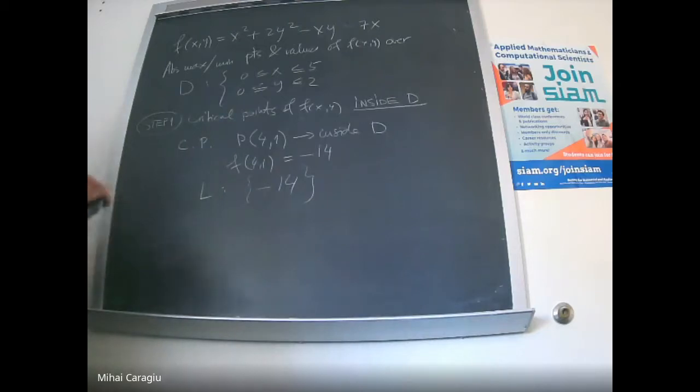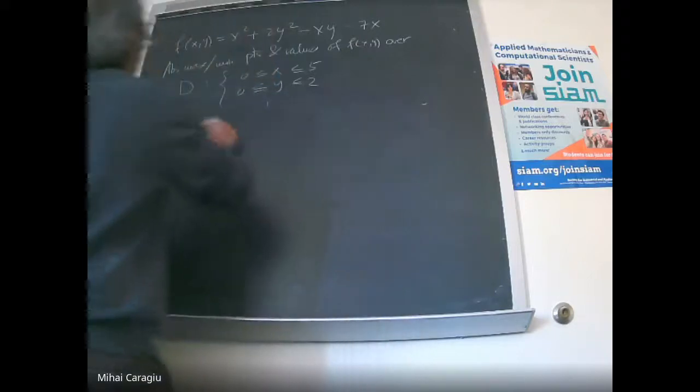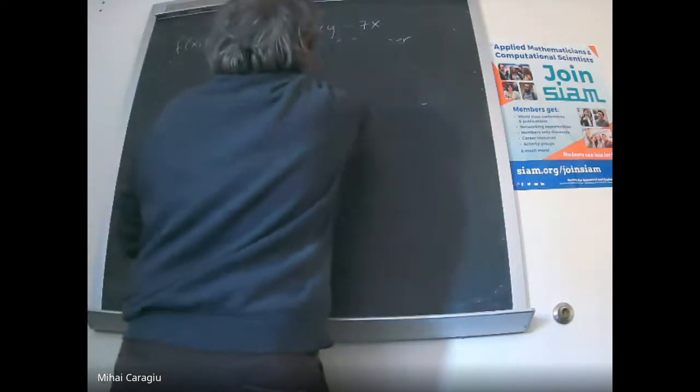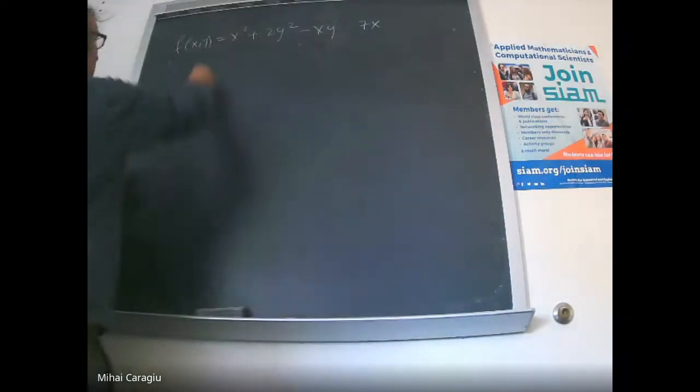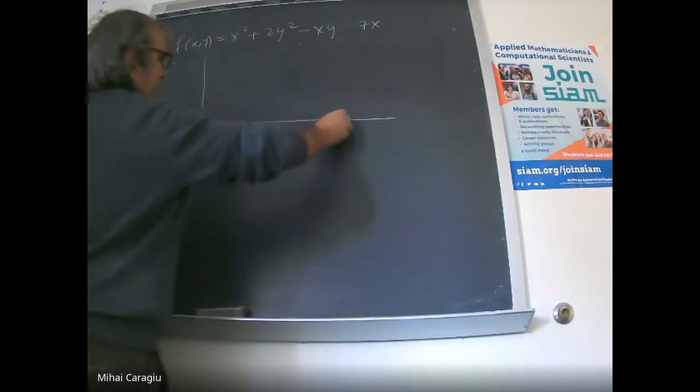Now we are done with the inside. Let's move on to the boundary. Step 2. Okay, I need some space here to make a picture. So let's say this is 5.